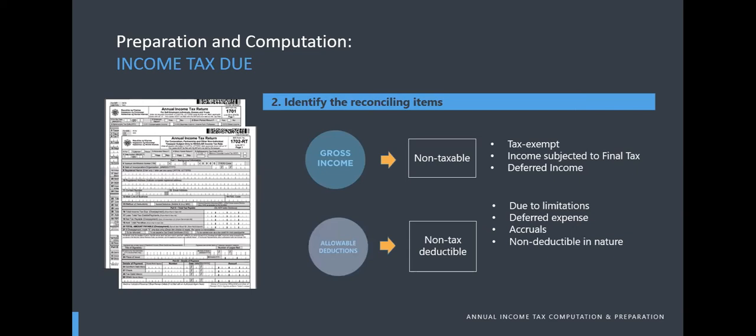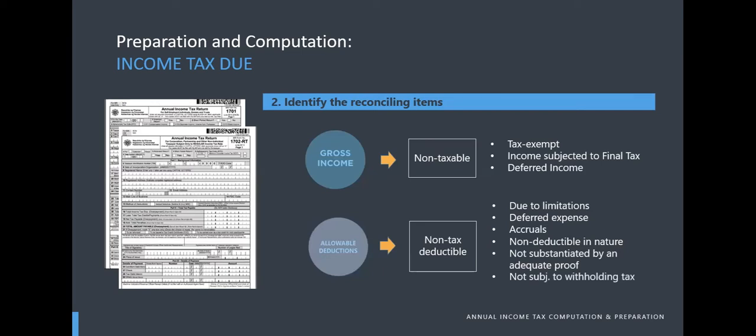Other items of expenses that are non-deductible in nature, for example, bribes, kickbacks, penalties, income tax, etc. If an expense is not substantiated by an adequate proof, it may be considered as non-tax deductible.